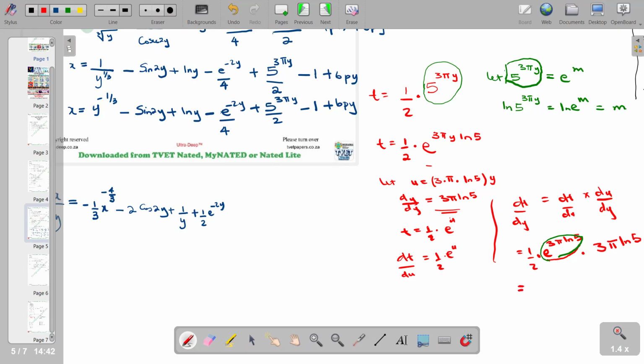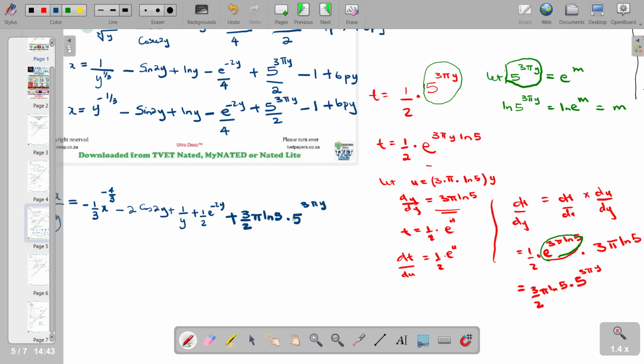So our answer is 3 over 2 pi ln 5 multiplied by 5 to the power 3 pi y, like that. So eventually here it's going to be plus 3 over 2 pi ln 5 multiplied by 5 to the power 3 pi y.